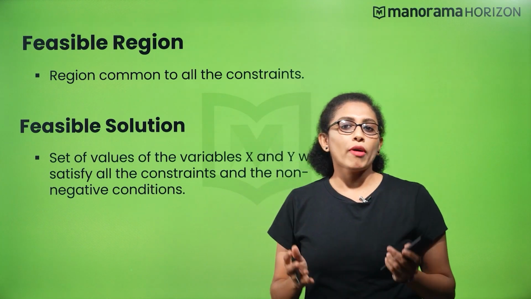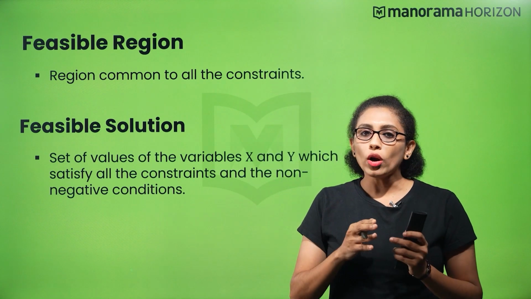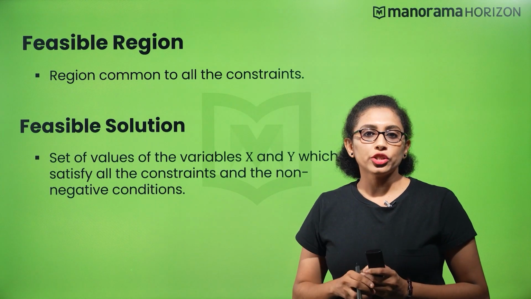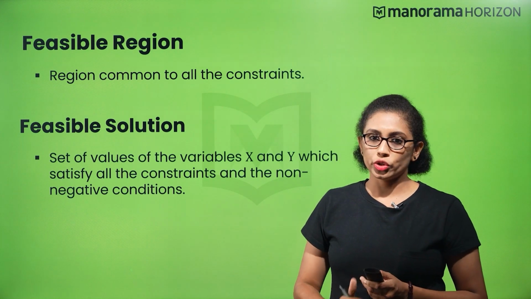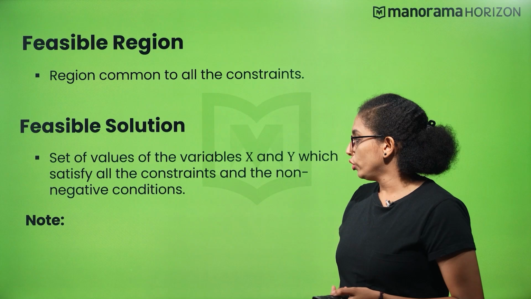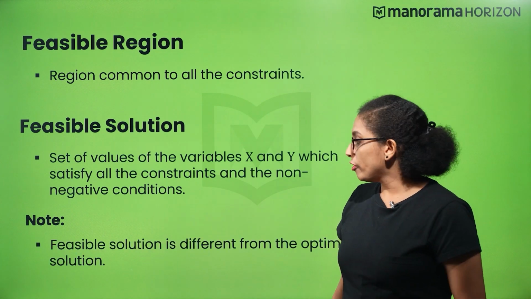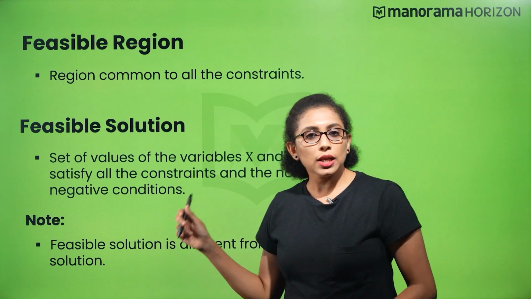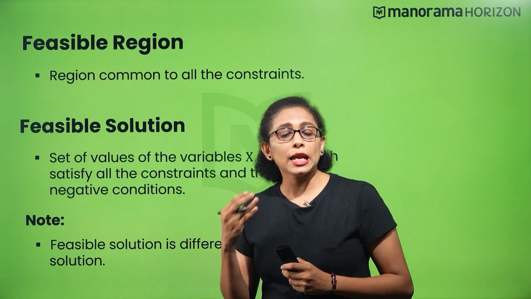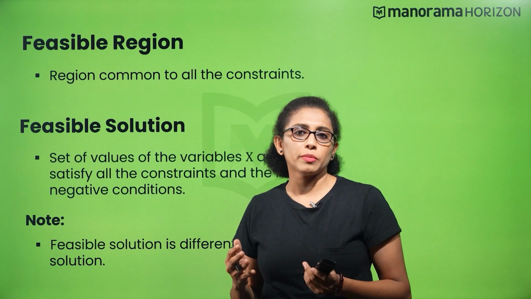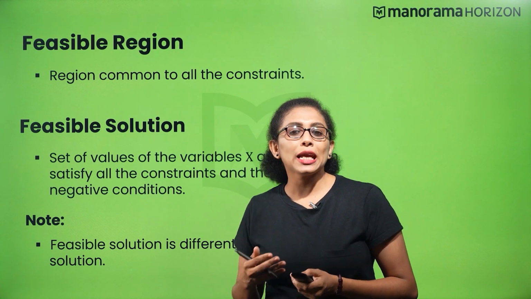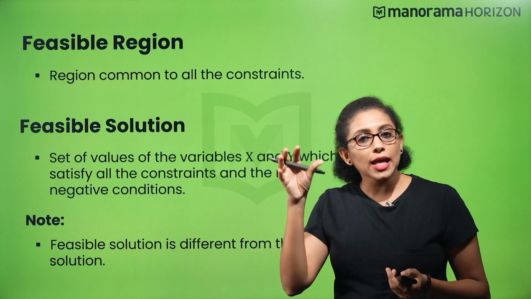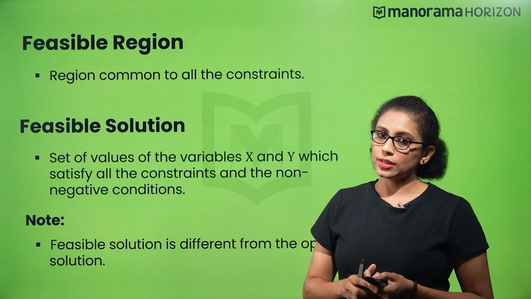That is, all the values lying on or inside the feasible region are feasible solutions. You should also note that a feasible solution is different from an optimal solution. There may be infinitely many feasible solutions, as there may be infinitely many points satisfying all the constraints.